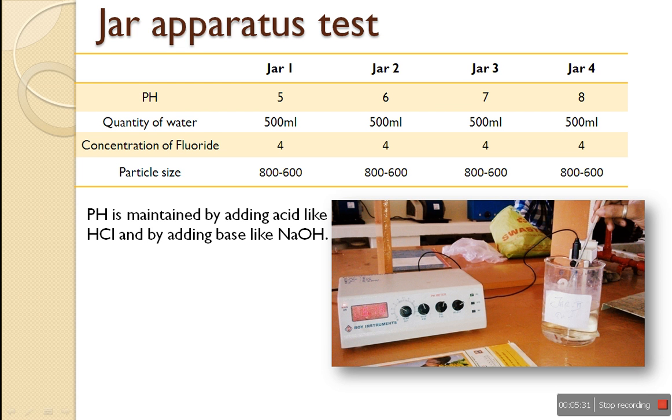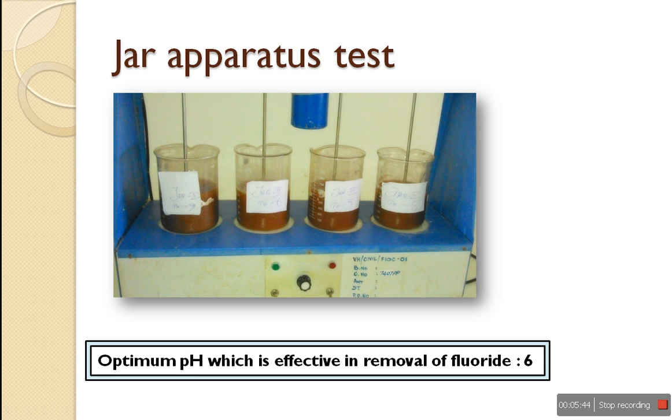The concentration of fluoride in each jar was maintained at 4 mg per liter. The pH in jar 1 was maintained at 5, in jar 2 at 6, in jar 3 at 7, and in jar 4 at 8. From the batch study, it was found that the optimum pH that favors the removal of fluoride was pH 6.